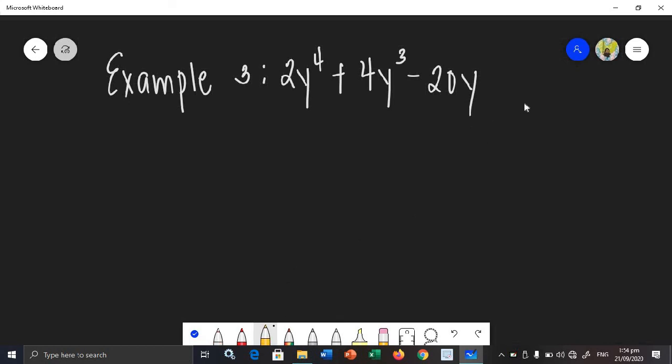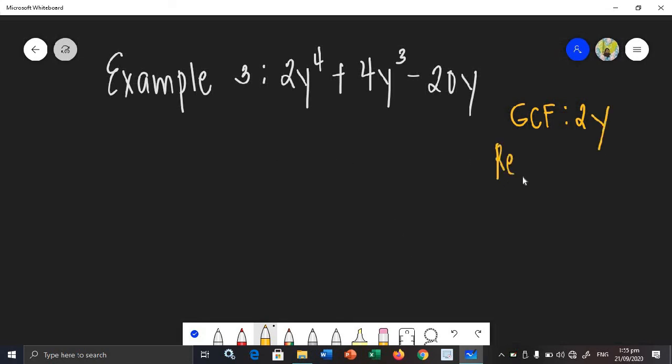So first, of course, we need to get the GCF of this given. So ano ba GCF ni 2, ni 4, at saka ni 20? Of course, 2. That is 2. Ano naman yung GCF ng variables? Hanapin natin yung variable na may pinaka-least na degree. So that is y. No, ang GCF nila ngayon is 2y.